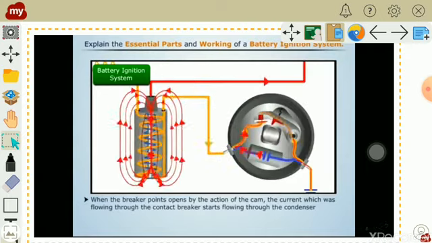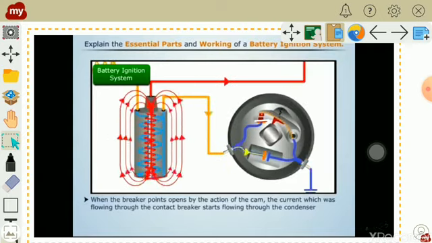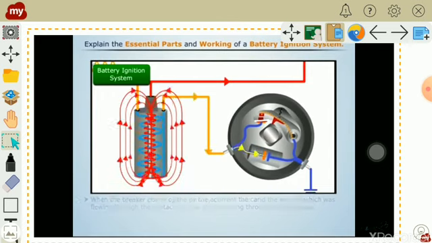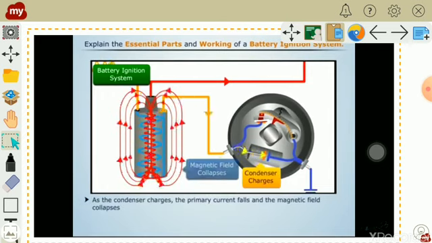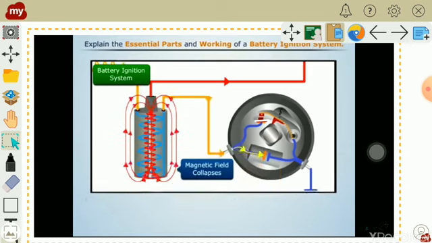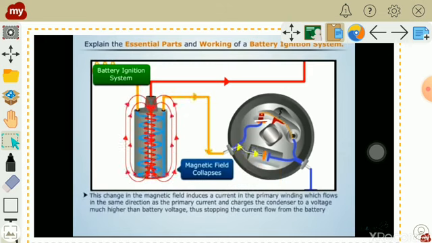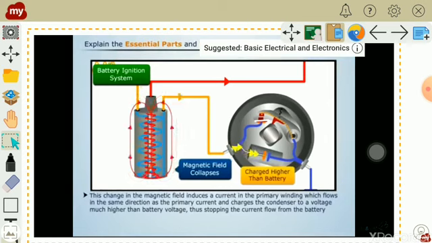Now when the contact breaker points open through the action of the cam, suddenly what happens? Current which was flowing through the contact breaker starts flowing through the condenser, and now the condenser is charging. Due to this, the primary current falls and the magnetic field collapses.